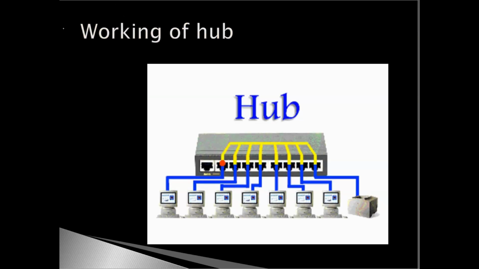So let us see the working of hub. This black colored hole thing is called ports. These multiple ports are connected with different computers in the network. If a message is sent from one computer, the hub sends it to all the other computers.